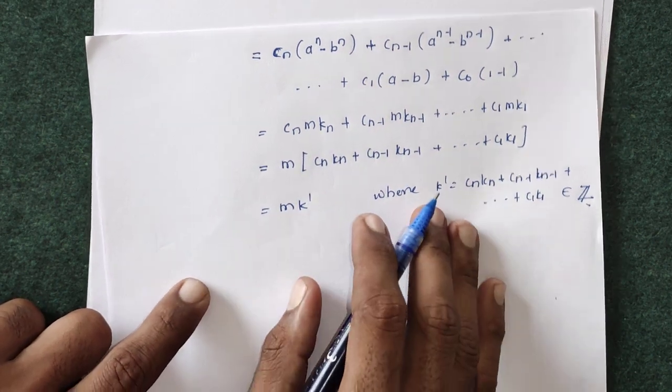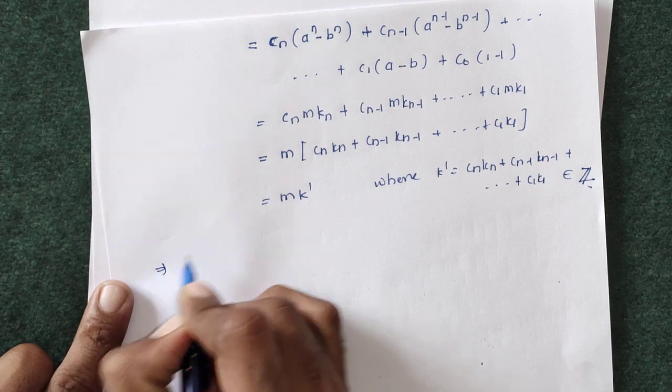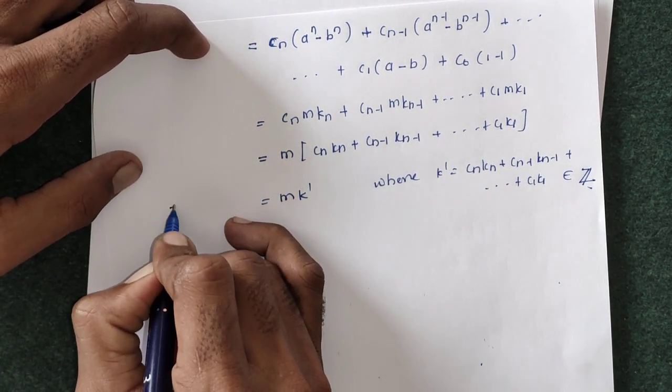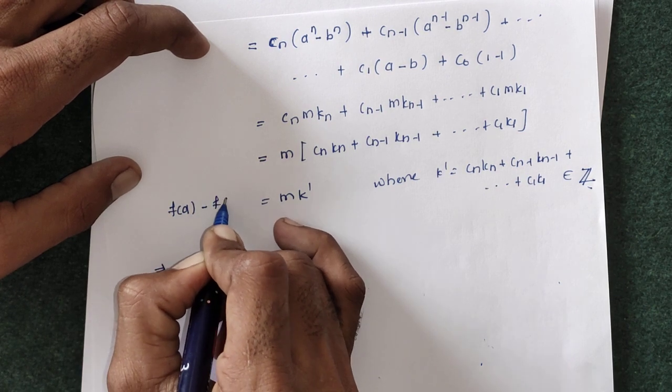So this k prime is again an integer, so this gives us that m divides the difference f of a minus f of b.